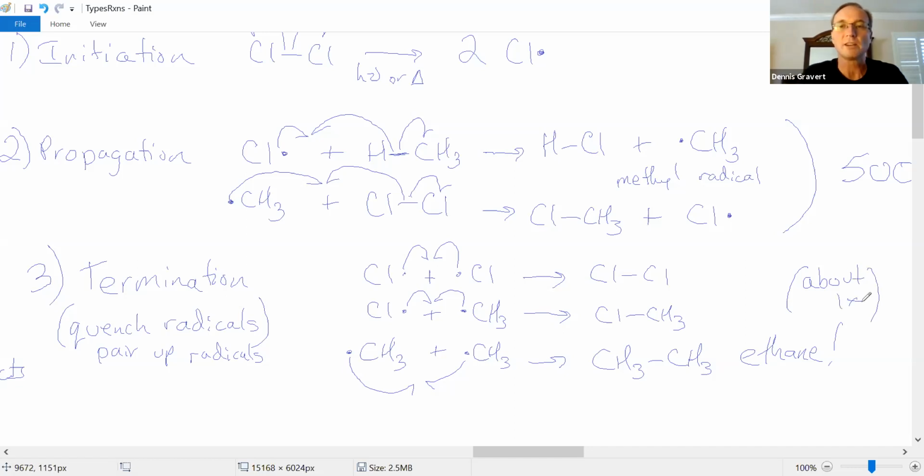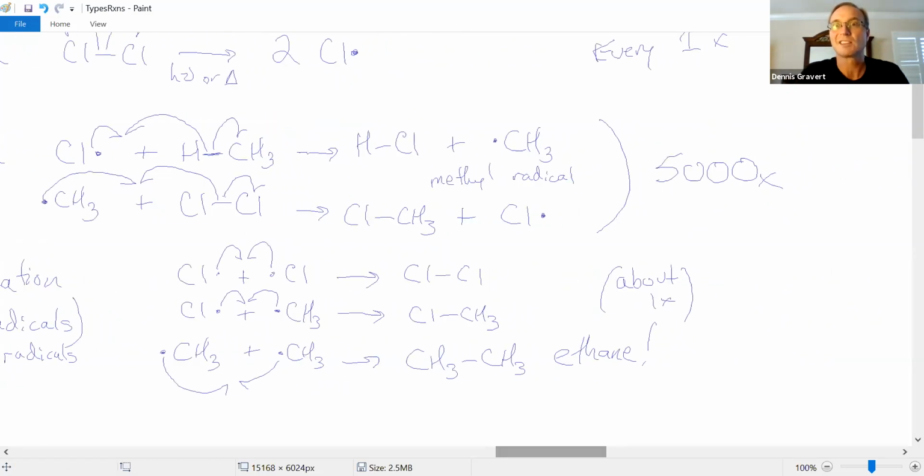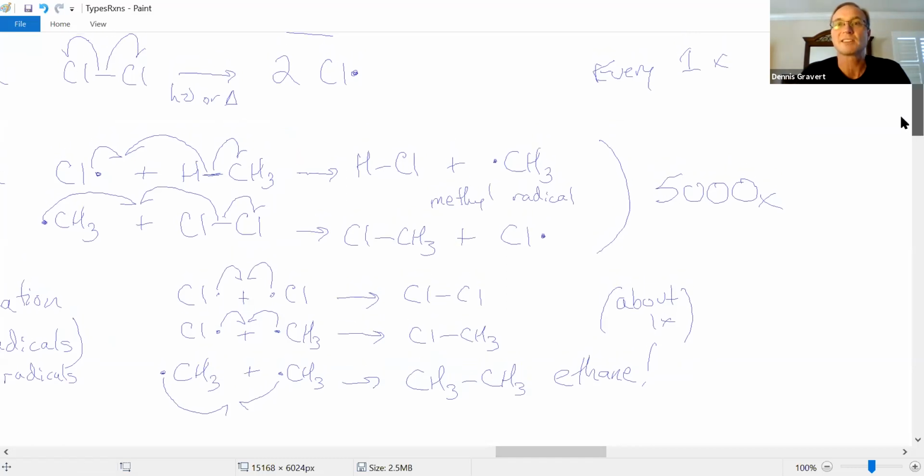Okay, and so why don't we get a whole bunch of ethane forming? And that's because of the kinetics of the reaction, the rates of reaction here, and the frequency of the reactions. So every time you shine light, every one time that event happens, the propagations happen about 5,000 times. And then on average, for every 5,000 times these propagations happen, one of these termination steps will happen.